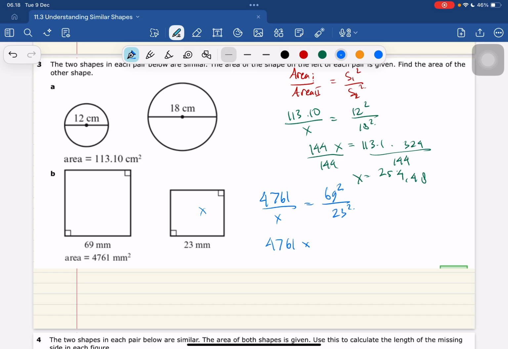We multiply by x equals 4761 times 23 squared, which is 529. On both sides we can divide by 4761. Here also 4761, so this cancels. So x equals 529 millimeters squared. For this, it is centimeters squared.